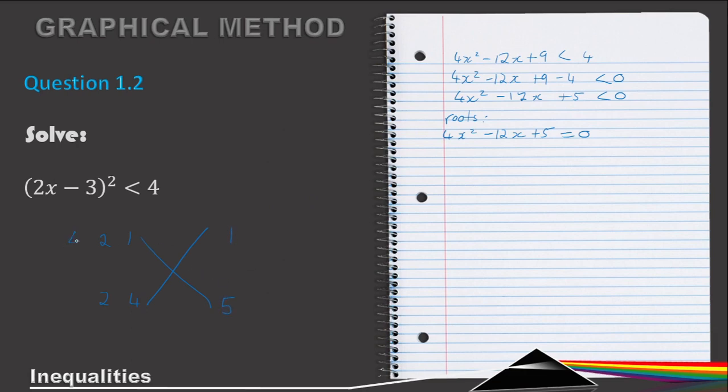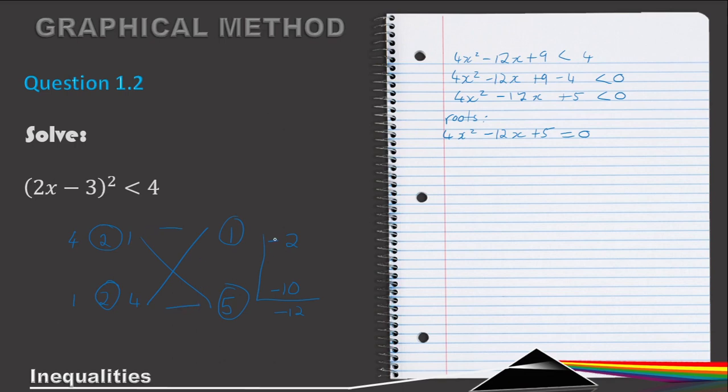This side we can just flip around, 4 and 1, and I'm looking for negative 12. Alright, so 4 and 5 won't give me negative 12. 10, 2 times 5 is 10, and 2 times 1 is 2, so that's going to work. In order to get negative 12, I must say minus 2, minus 10.